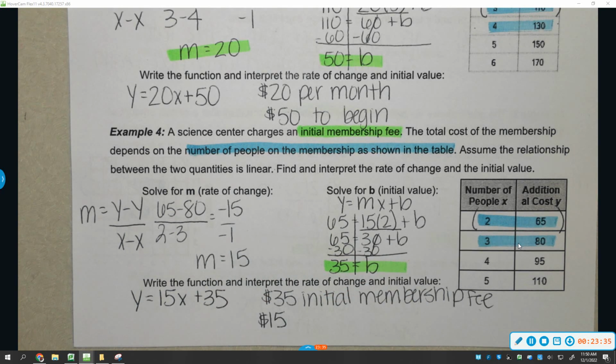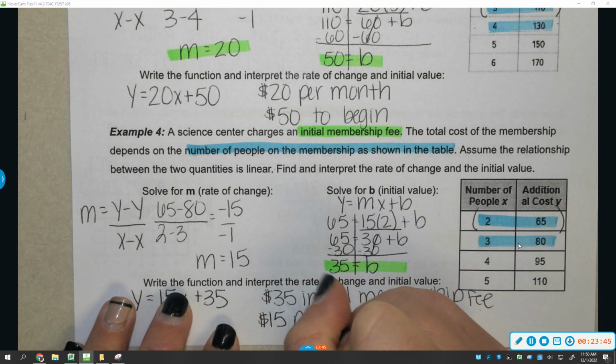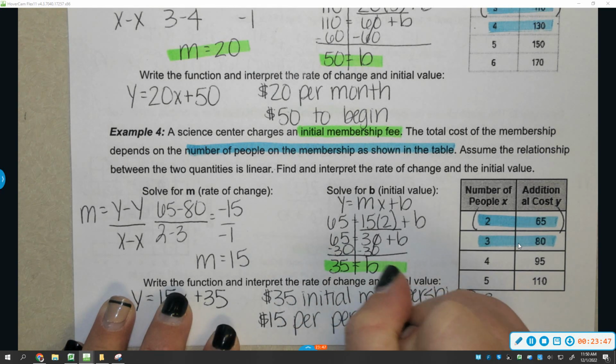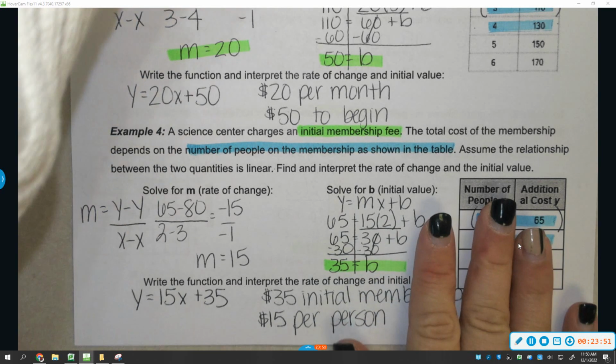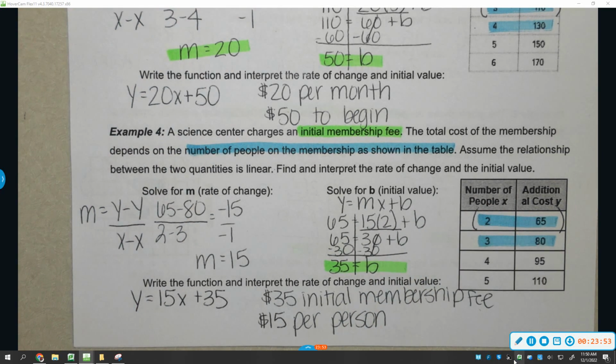How do they charge after you pay that initial fee? Madison? Very good. $15 per person. So as you add people, they charge you $15. So when we get in lab, we will talk about got it problem B.